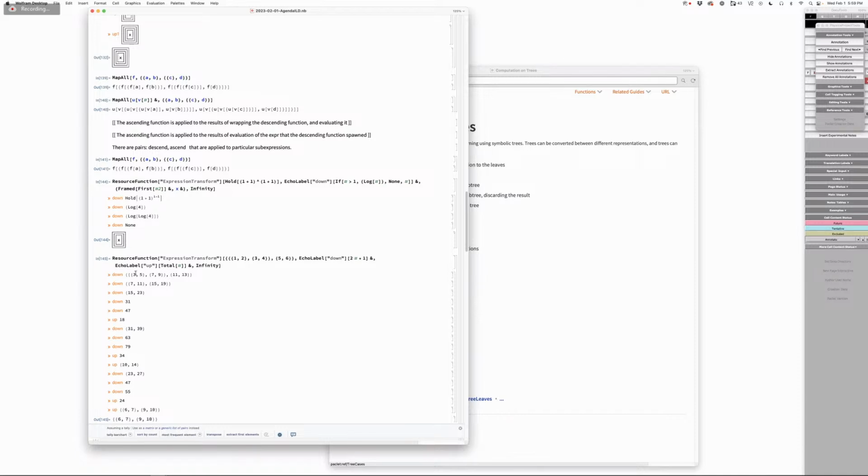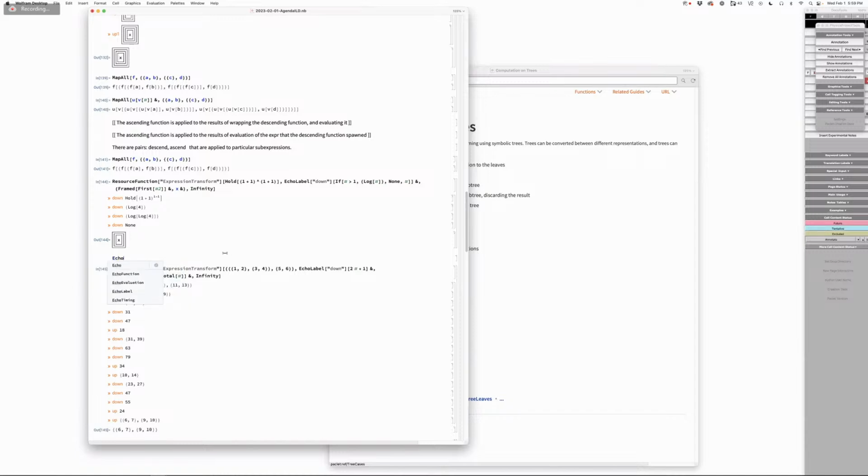Maybe we should be echoing the thing that was given. Actually, we should probably echo both. Can we do echo evaluation, or will that confuse things totally? I would just put echo around the slot. Let's just do an echo, because we've got to know where it's going to be.